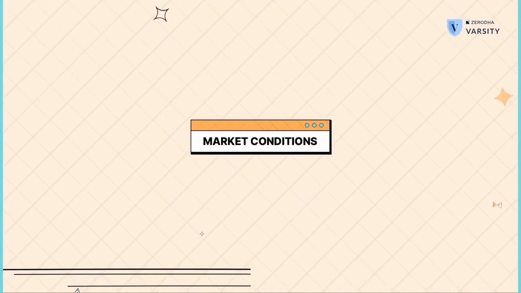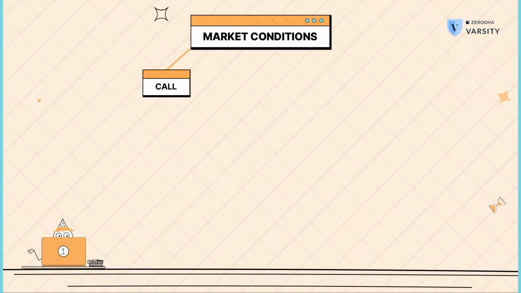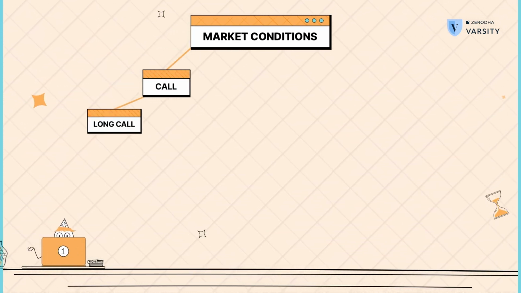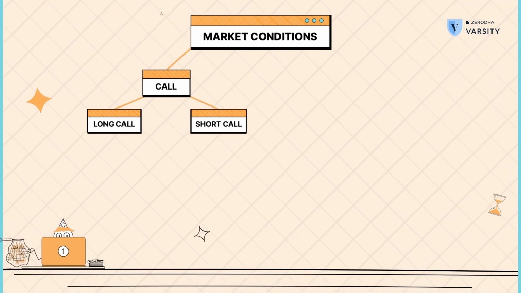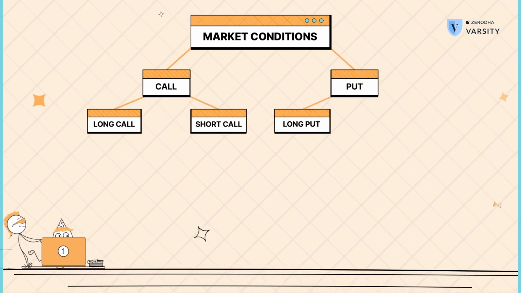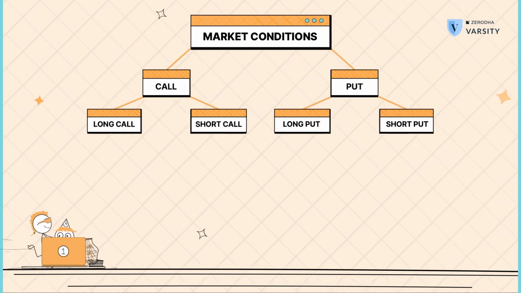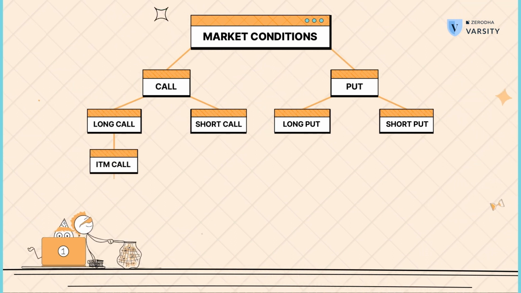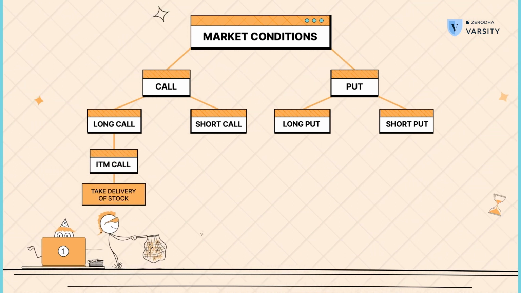With options, there are only 4 kinds of positions that you can initiate. You can either be a long call option holder or a short call option holder. With respect to the put options, you can either be a long put holder or a short put holder. If you have a long in-the-money call option, you have to take delivery of stock.